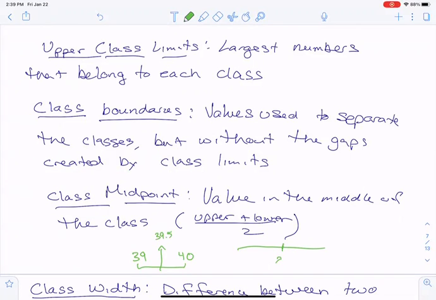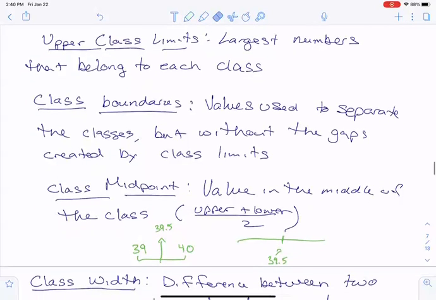So 39 and 40, halfway in between that is 39.5. That is going to be the class boundary that separates this class which has an upper limit of 39 and the other class which has a lower limit of 40. A class midpoint is just going to be the middle of the class, the upper value plus the lower value divided by 2.